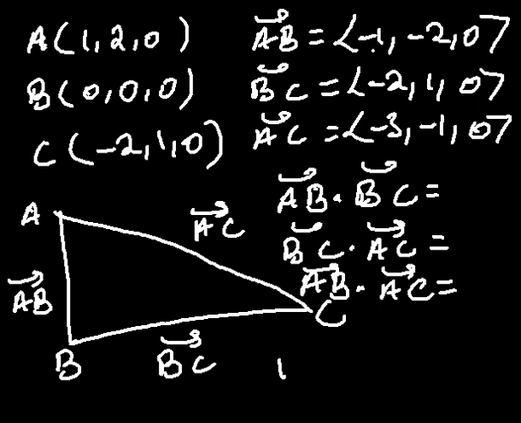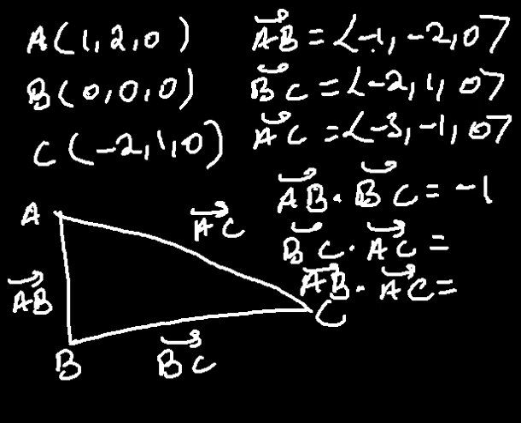Then negative 2 times positive 1, we have negative 2. And 0 times 0, we have 0. So that is negative 1.